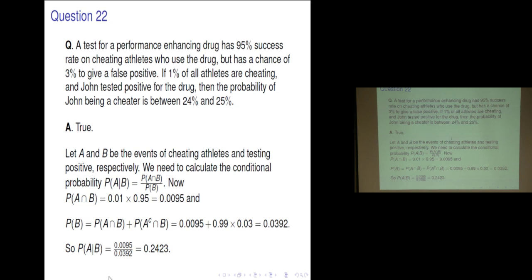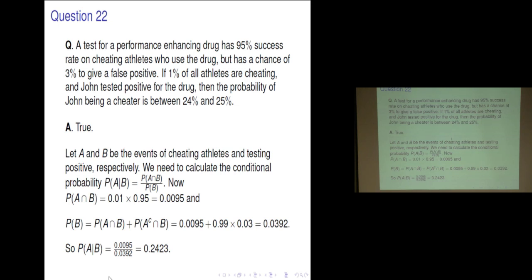So what is the probability of the innocent people who get a positive? 99% of them are innocent, but there's 3% giving a false positive, so it's this number. You add them up, you get this. So the conditional probability, if my calculation is right, is between 24 and 25. So the answer is true, right?